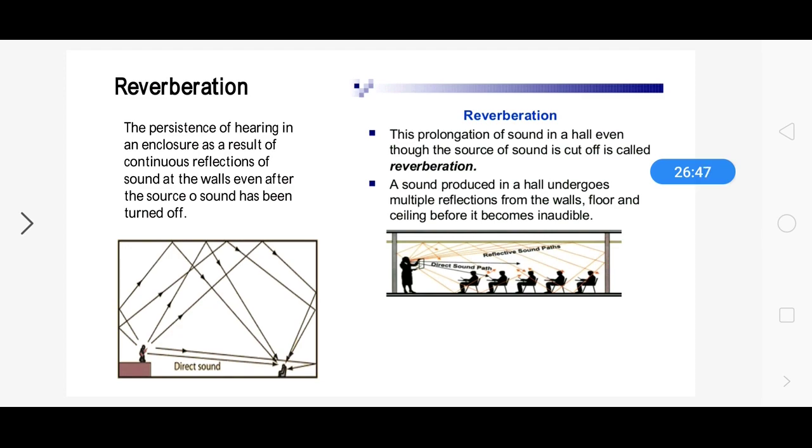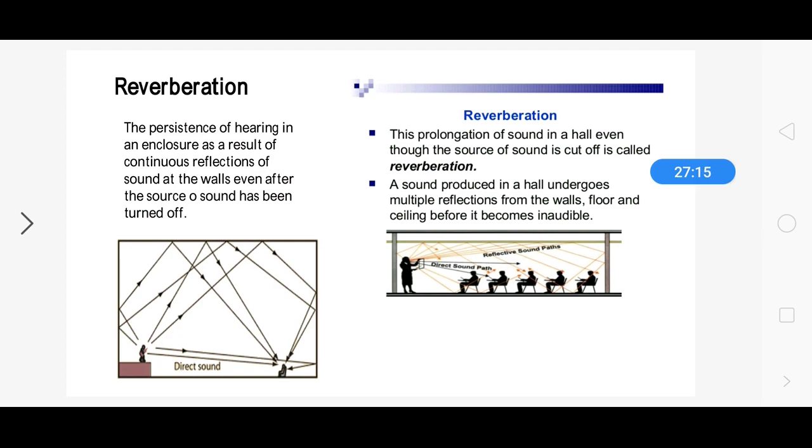And see here, in another slide, the prolongation of the sound in a hall even though the source of sound is cut off is called reverberation. I am mentioning one more definition for reverberation. There is a prolongation of sound, meaning the sound is repeatedly heard by the same observer.